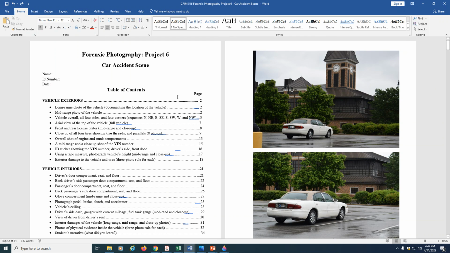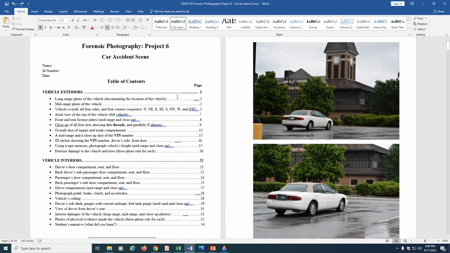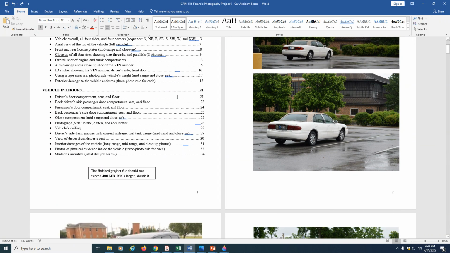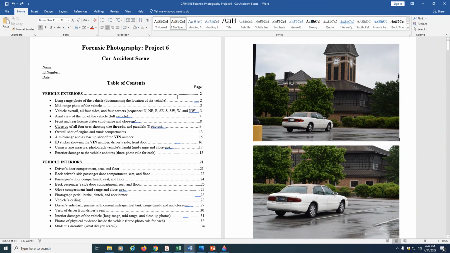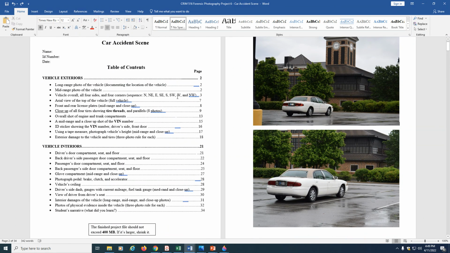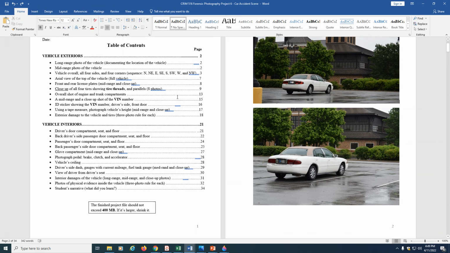That was something I noticed with some of the projects previously, is that there was no indication that you followed the table of contents or that you put it in an order that made sense. So that's definitely something to be aware of.